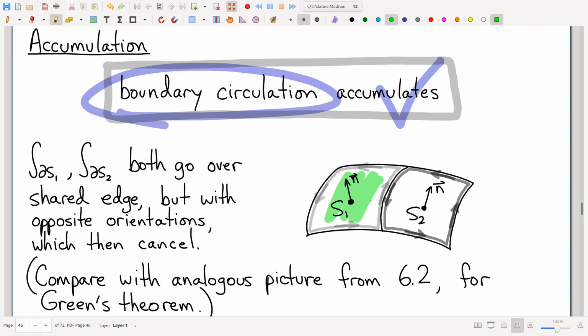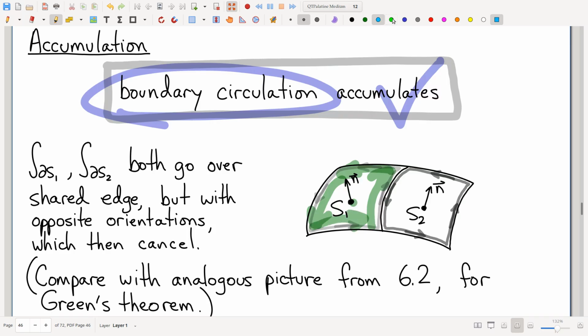Given this surface, oriented as indicated here. All right, and you play the right hand, thumb in the direction of the normal, you look at the fingers and the swirl, and that's going to set up an orientation on the boundary that goes like so.